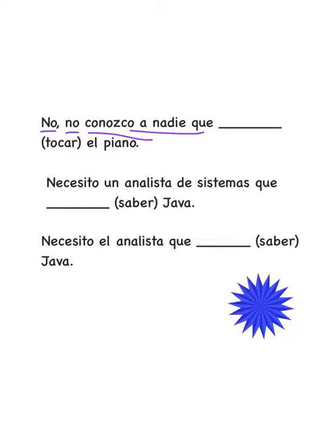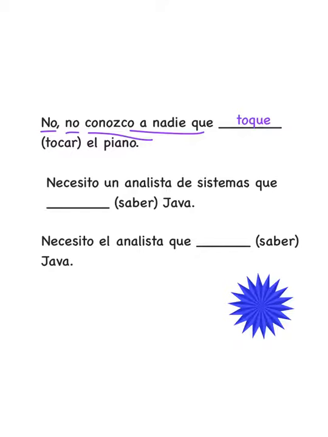This is triple negative. Therefore, since I don't know anybody, I'm going to use what? I'm going to use the subjunctive. No, no conozco a nadie que toque, okay, el piano. That plays the piano.